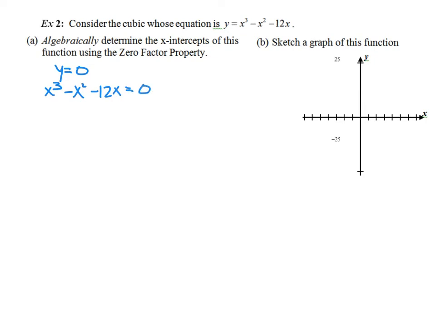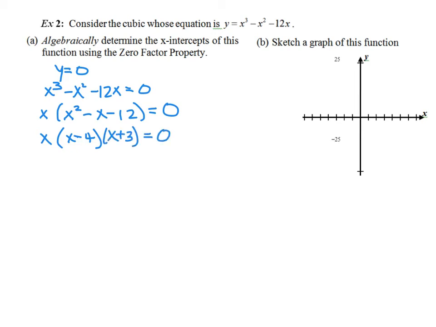Now, since I'm algebraically solving this, I'm looking for a factoring technique. So I'm going to use the GCF and take out an x, and I'll be left with x squared minus x minus 12 equals 0. That trinomial can be factored. I want to add to get -1 and multiply to get -12, so that's going to be x minus 4 times x plus 3.